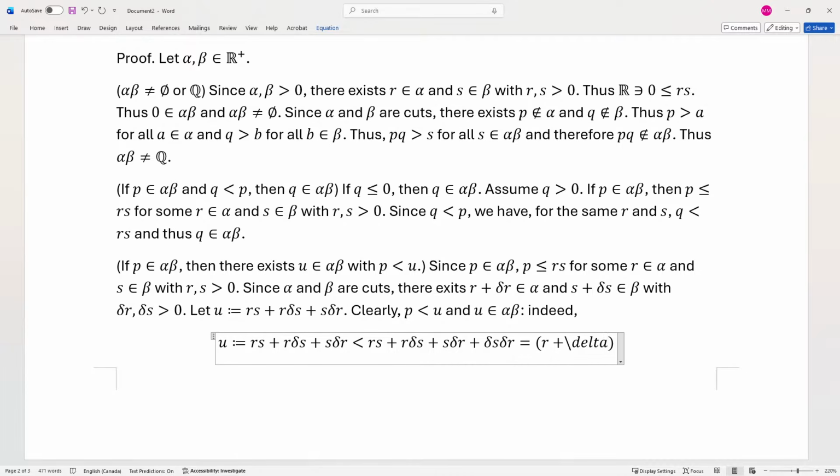I can't claim that, but what does that accomplish? Because I wanted to show these three properties, right? I'm working on a cut. I assume that P is in alpha times beta. I want to have an element that is greater than P and is still in the same set. What does that claim do? Okay, I'll think about it later.